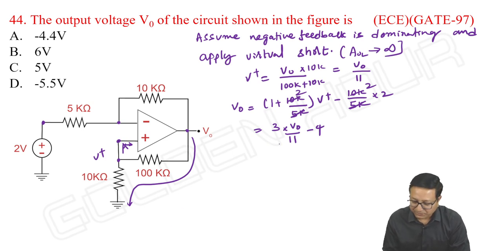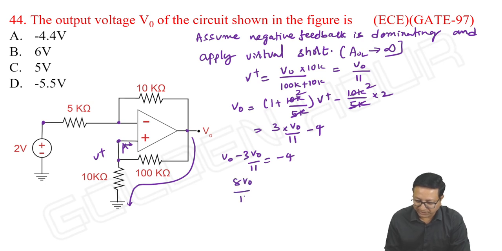Okay, further 3V output by 11, or V output minus 3V output by 11 is equal to minus 4. So it is 11 minus 3, 8. 8 V output by 11 is equal to minus 4, 4 2. So V output is equal to minus 5.5 volt.